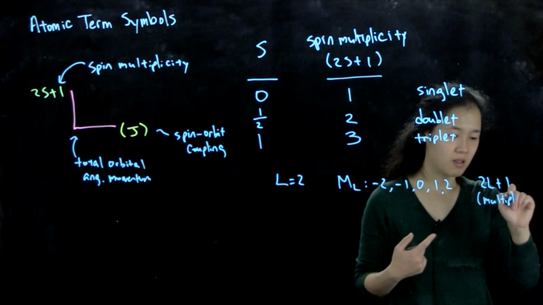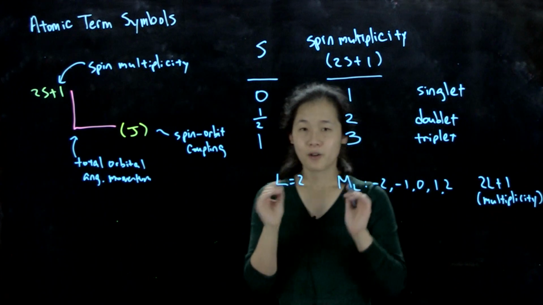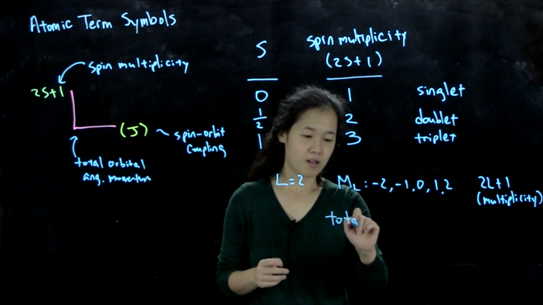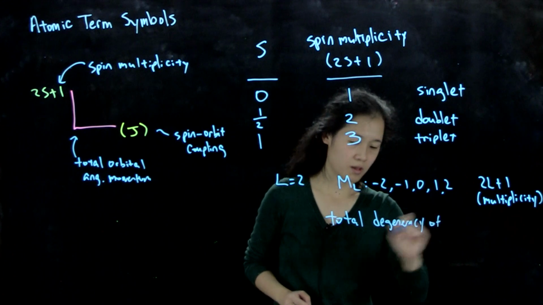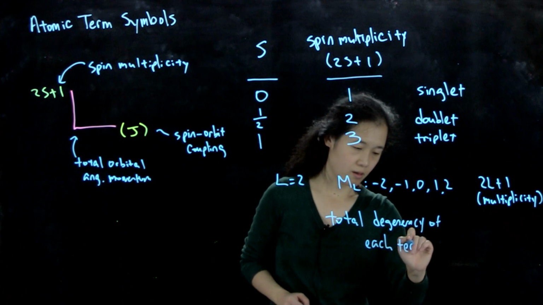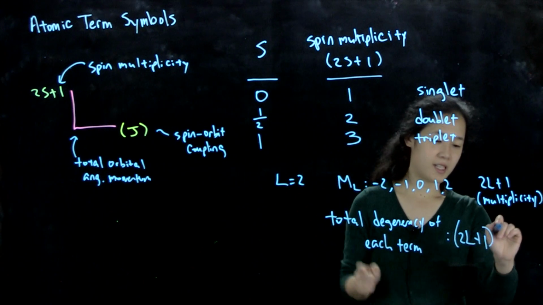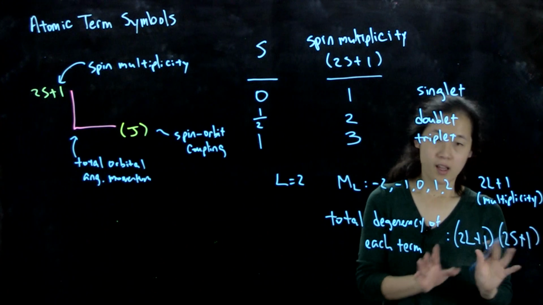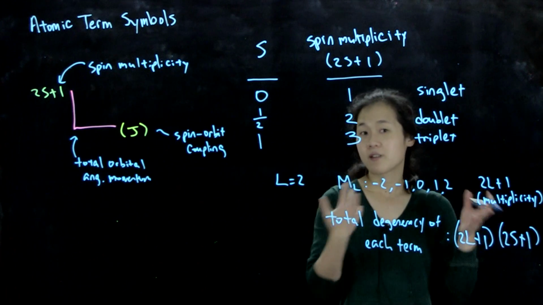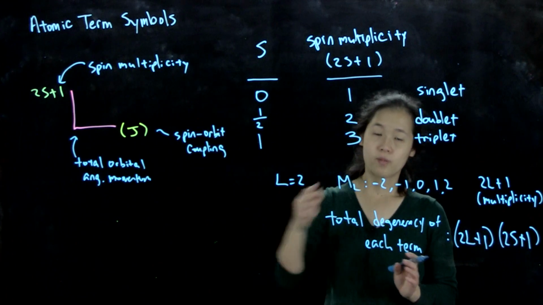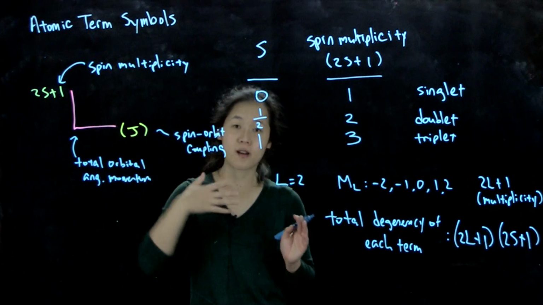OK, so our total degeneracy of each term is going to be 2L plus 1, the orbital multiplicity, times 2S plus 1. We'll show in the next video that this means that this many microstates have to comprise this term.